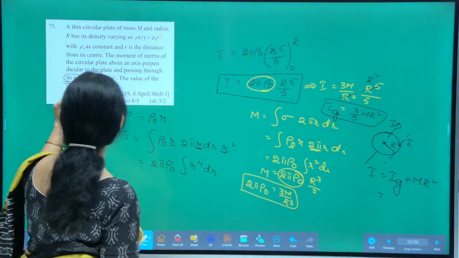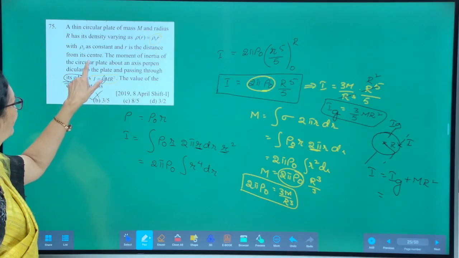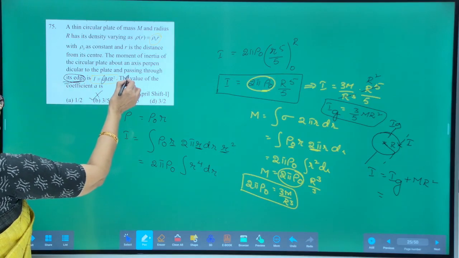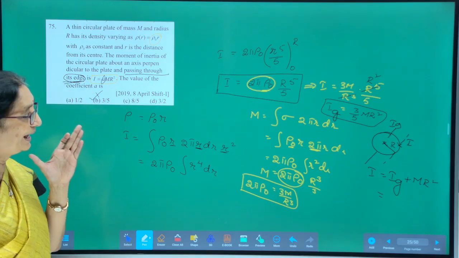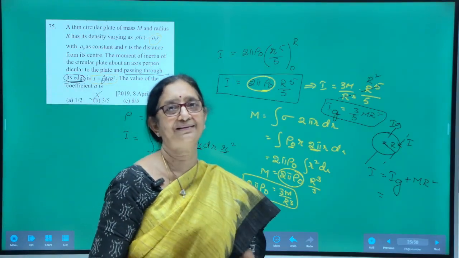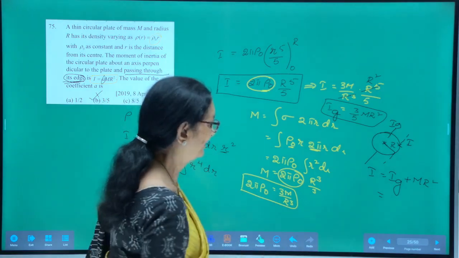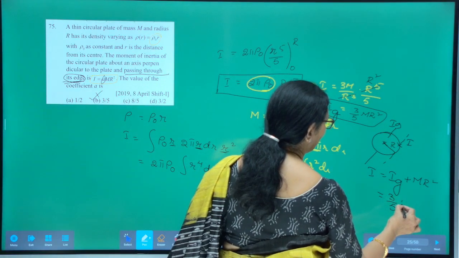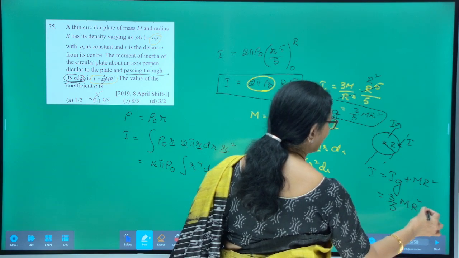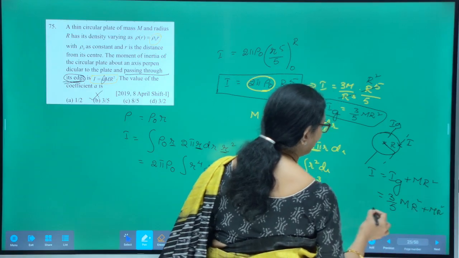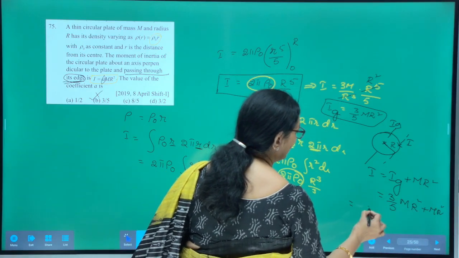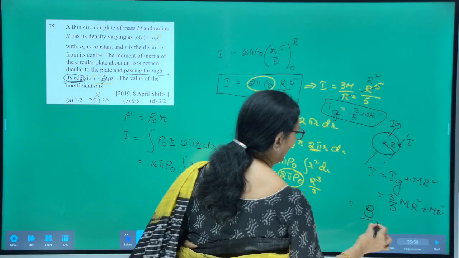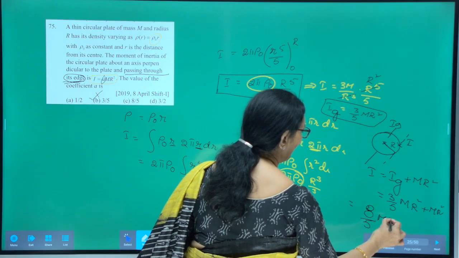But here he asked moment of inertia of the plate about an axis perpendicular to the plate passing through the edge. Tangential axis perpendicular to the plate is asked. So this is Ig is 3 by 5 mr square plus mr square. So the answer is 5 plus 3 is 8, so 8 by 5 mr square.